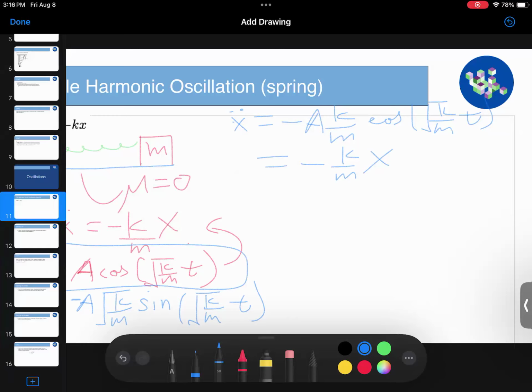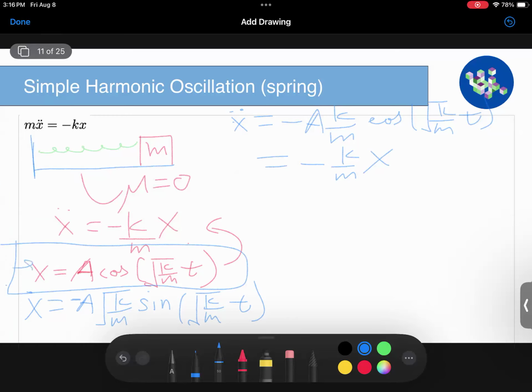You might be asking, for example, we can also have something like A cosine of square root k over m t plus some arbitrary initial phase angle, they call it phi zero. And that is true.